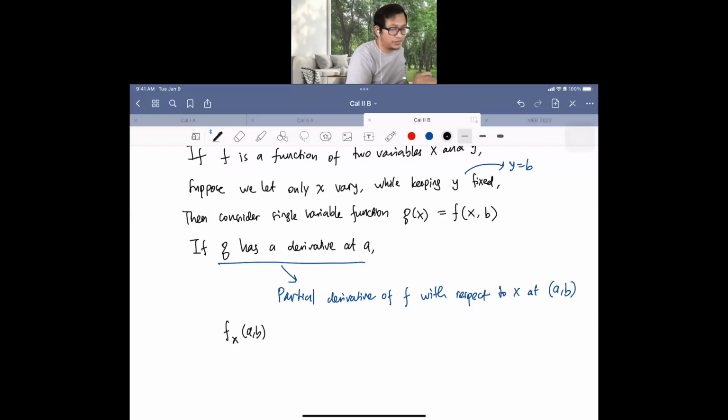This means the partial derivative of f with respect to x at (a, b), and simply we can write this equal to g prime of a, where g of x is equal to f of x, b.